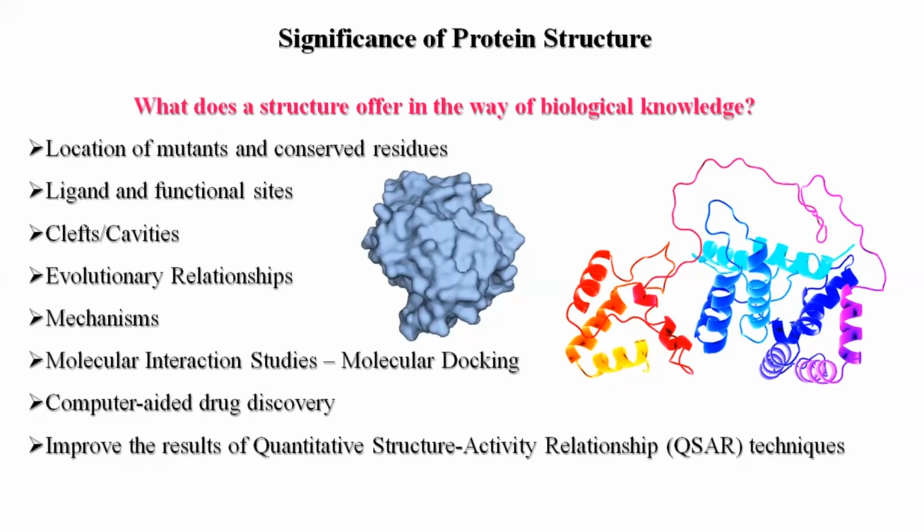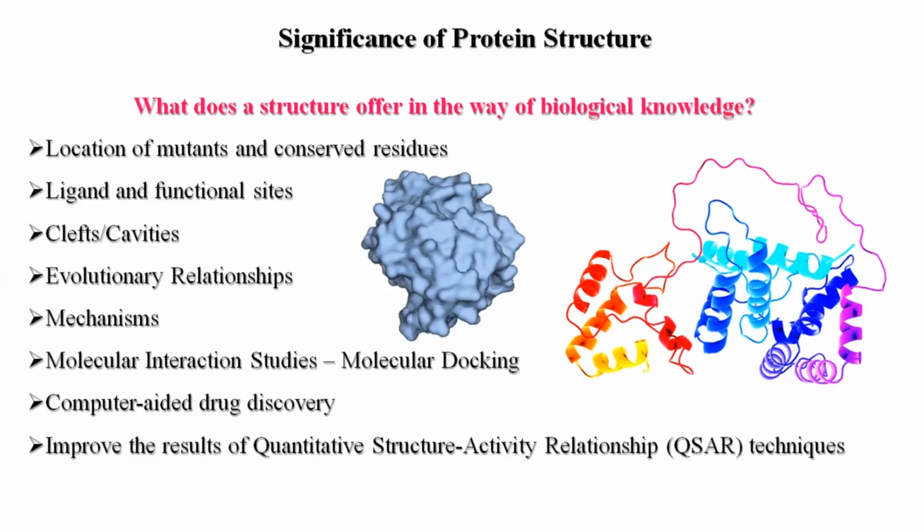One of the most important methodologies in drug designing is molecular docking. For molecular docking, we need a receptor structure, right? Because the receptor represents the protein, and molecular docking is executed based on it.